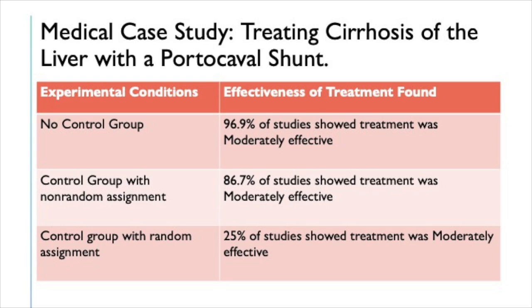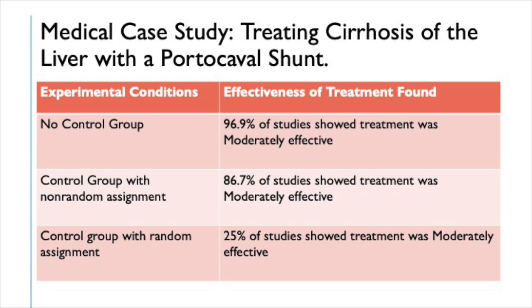So less impressive, but again, this actually has a control group, which means that some people who wanted the treatment didn't receive it. And even though they didn't receive it, they probably improved. And so we can throw out 10% of the effect that we found with the experimental condition that did not have a control group.